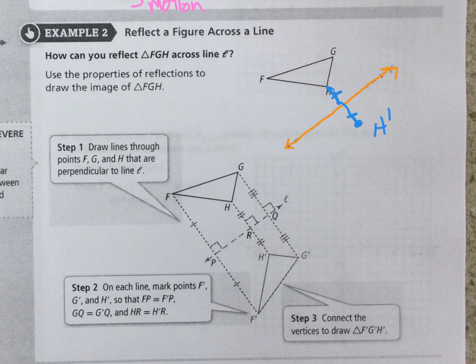And that's where my H prime would go, and it would be perpendicular. So remember, this line of reflection is the perpendicular bisector of the segments that are drawn between the pre-image and the image. Okay?